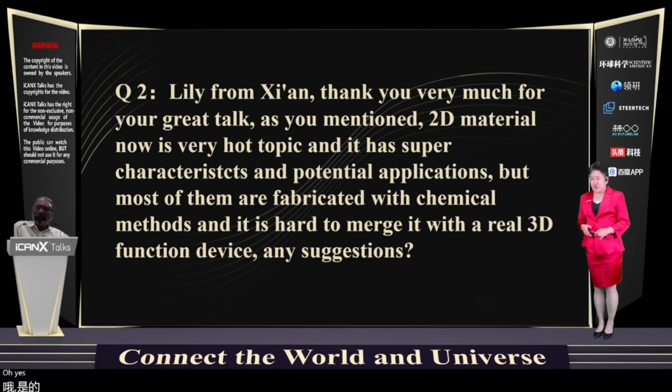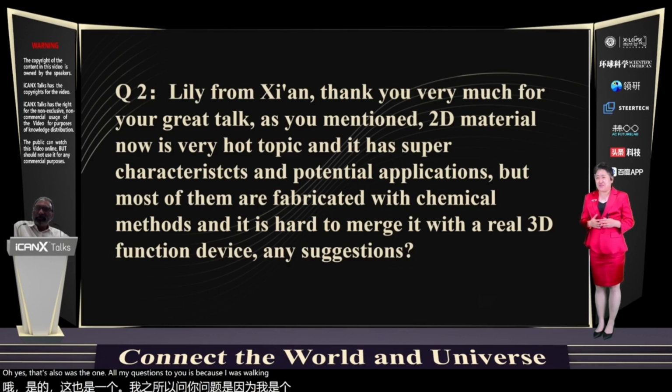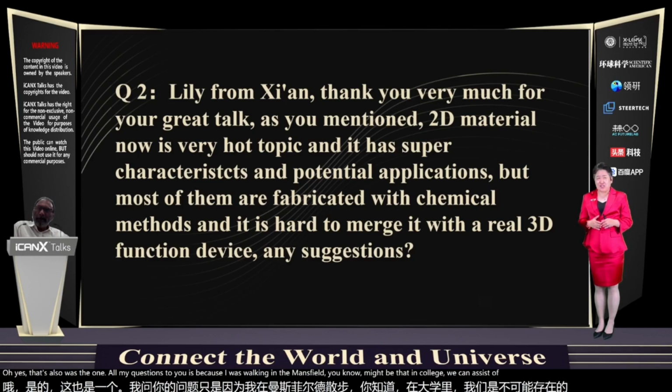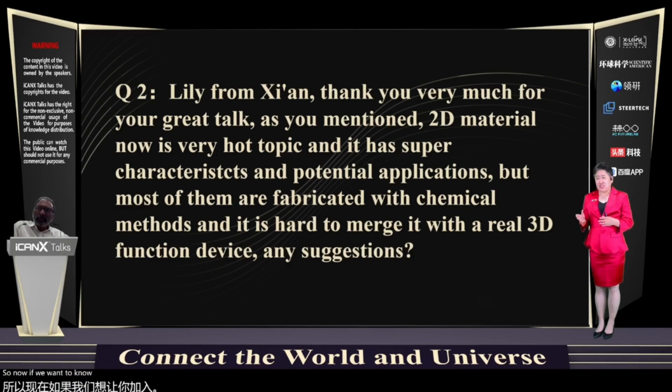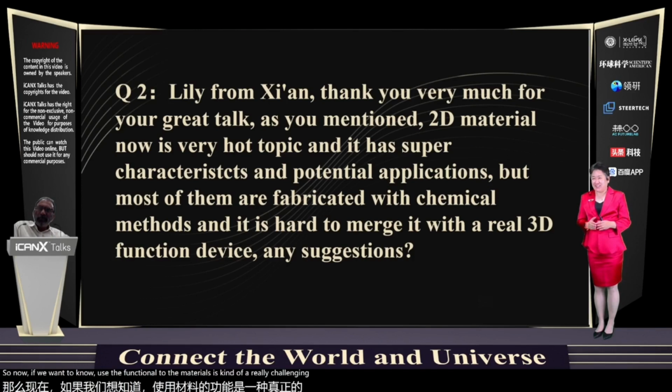Yes, that's also one of my questions to you, because I was working in the MEMS field, microelectromechanical systems. This normally fabricates a lot of things by mass production. So if we want to use functional 2D materials, it's really challenging.